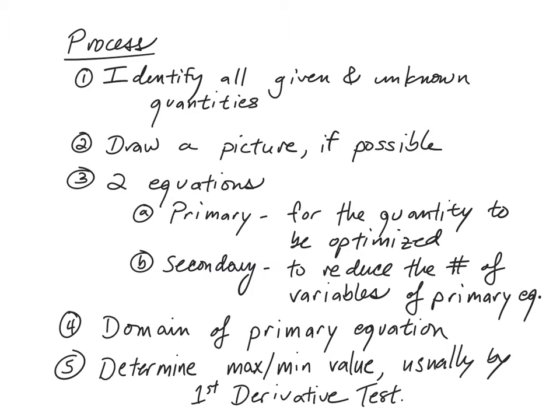The last step here is to determine the max or min, or the optimized value, usually by the first derivative test. So we will take the derivative of the primary function, we will find the critical values, and then we will check to see where the critical values have a maximum or a minimum depending upon what we're looking for.